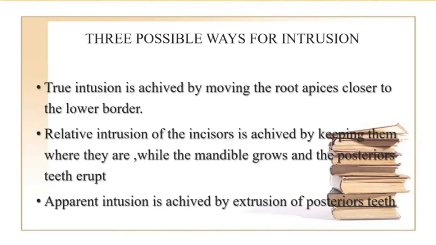Relative intrusion of the incisors is achieved by keeping them where they are while the mandible grows and the posterior teeth erupt. What we used to do is keep the anterior portion normal and supra-erupt the posterior region. Apparent intrusion is achieved by extrusion of the posterior teeth.